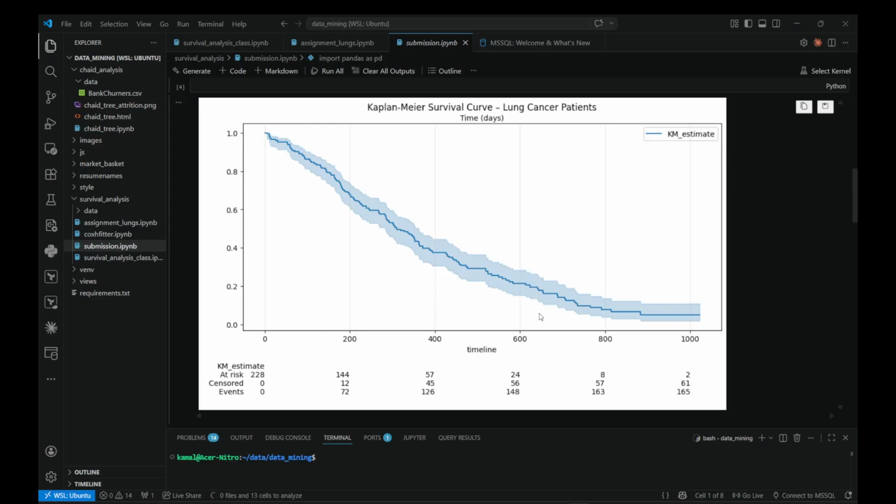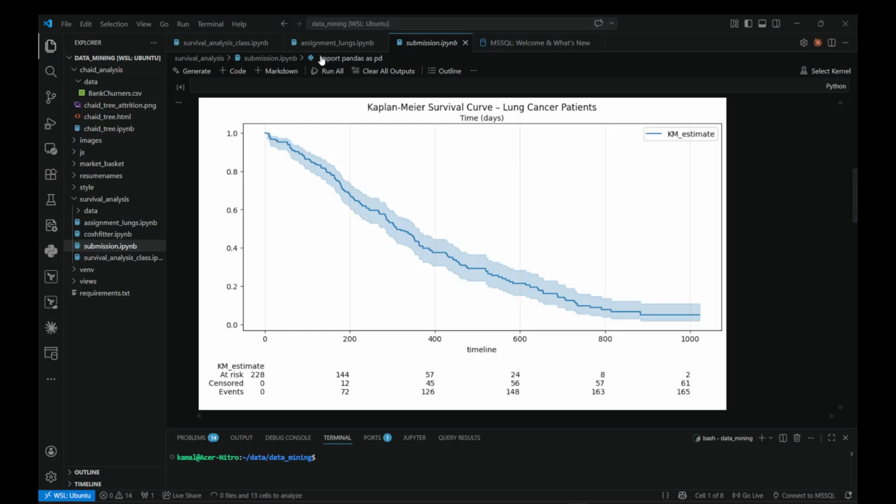After around 600 days the curve flattens, and this happens because fewer patients remain in the study, so each death has a smaller effect on the estimated probability. We can also see the confidence interval getting wider in this region, which reflects more uncertainty with smaller numbers.